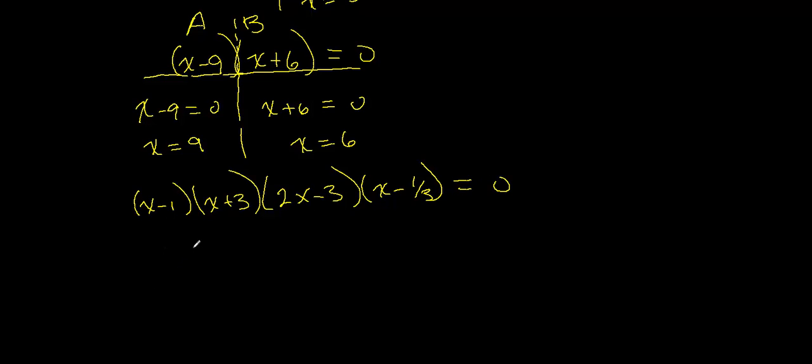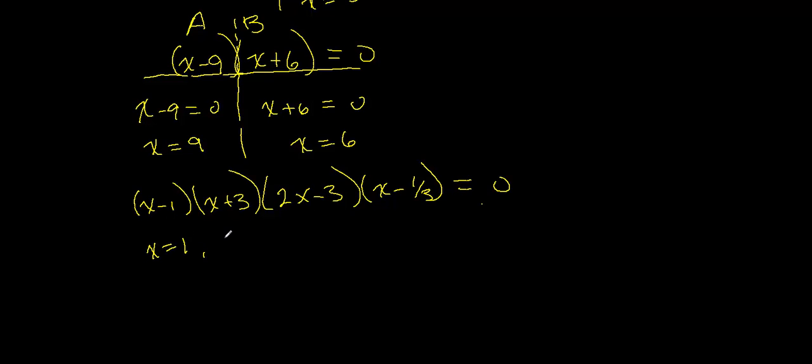It doesn't have to be a times b, it could be a times b times c times d equals 0, and then each of them will have to be equal to 0. So in this case here, whatever makes this 0 will work, since 0 times any number will still be 0. So we say that x will have to be 1, x equals 1.